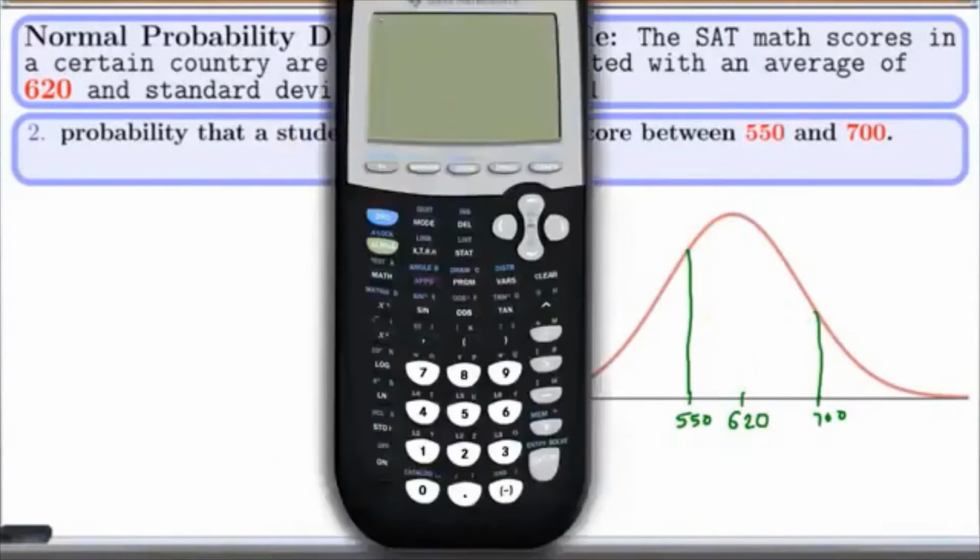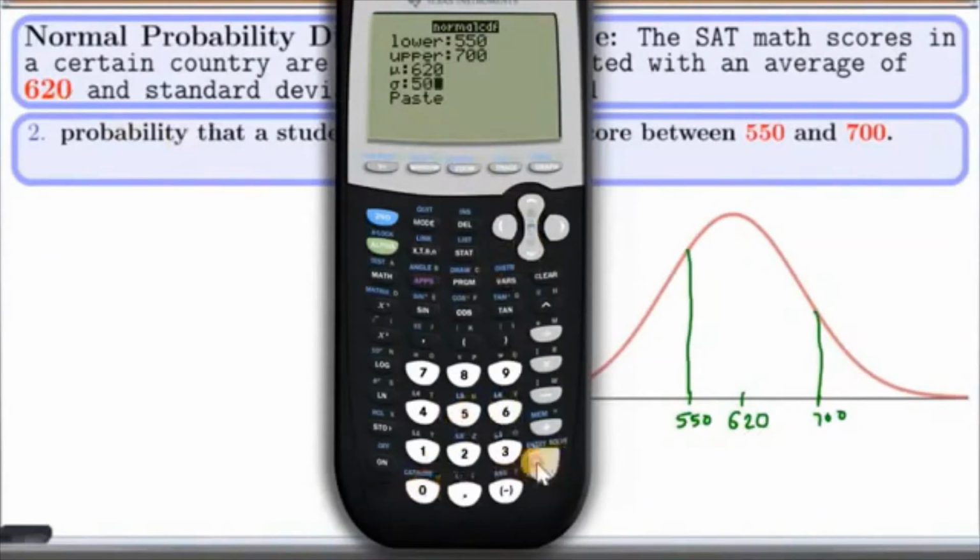Let me show you how to find this area using calculator. Let me pull up my calculator on the screen. Go to second, distribution, normal CDF, then hit enter. Let me clear what I have here. Looking at this diagram, our lower value is 550. Let's enter that. Our upper value is 700. Our mean is 620. And our standard deviation is 50.